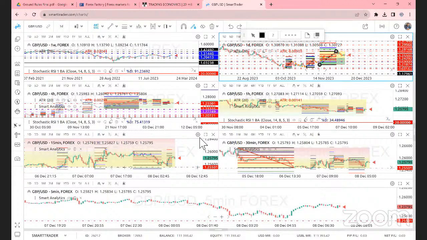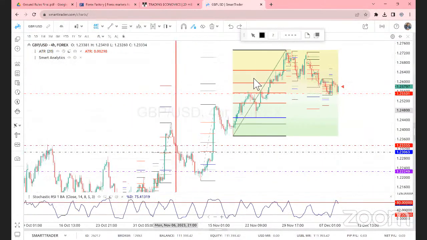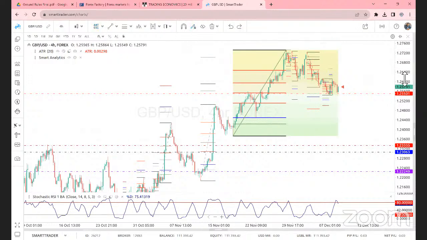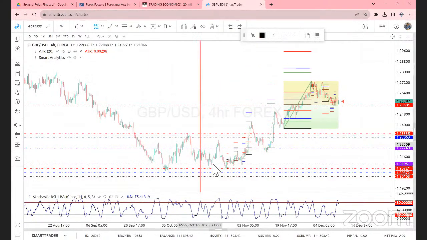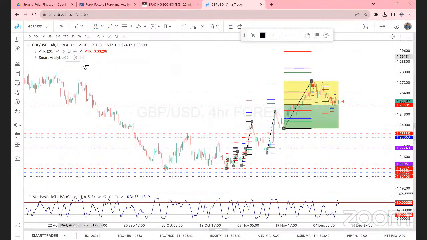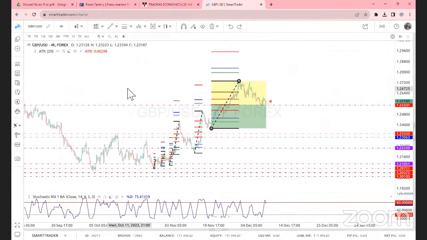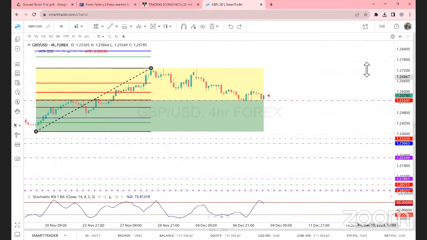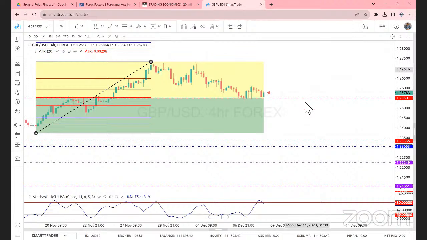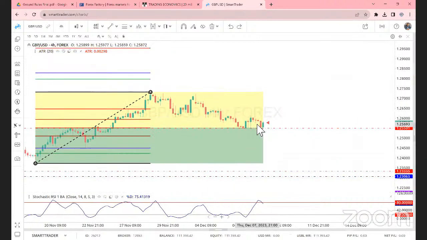We've been moving up. Take a look at our 4-hour. We just run a normal fib. So we'll have a clean chart there. So we've got a 50% at key structure.